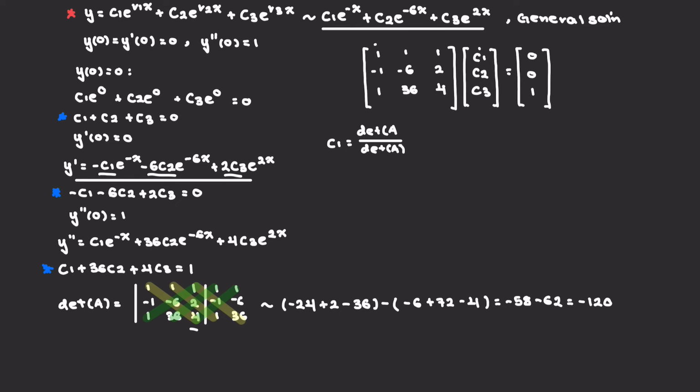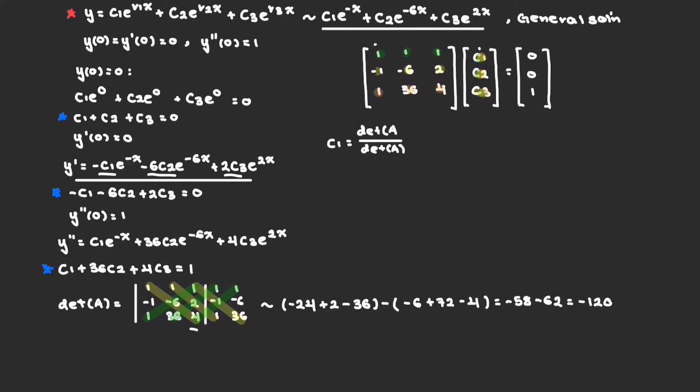Why is that? Because remember, the matrix vector multiplication is that we want to multiply 1 with C1, 1 with C2, 1 with C3, and then -1 with C1, -6 with C2, 2 with C3, and 1 with C1, 36 with C2, 4 with C3. So do you all recognize the pattern? That 1, -1, and 1 right here correspond to C1 right here.